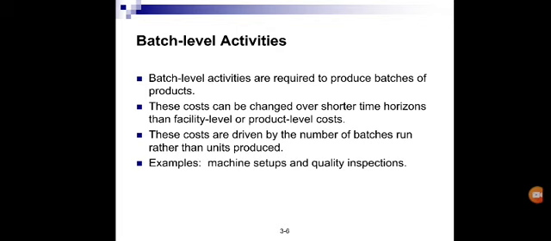If there is a cost that the business has to pay according to the batch of production, we call it batch level cost. Here the example is machine setups. You set up the machine to produce a batch of product. When you produce 1,000 bottles of soft drink and then want to produce another 1,000 bottles, you have to set up the machine again. Quality inspection is also done according to batches.